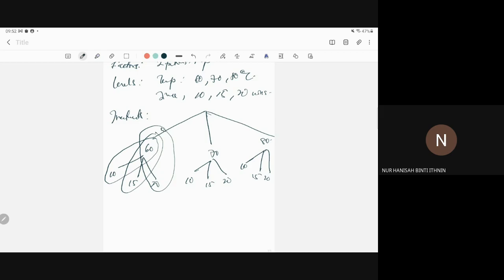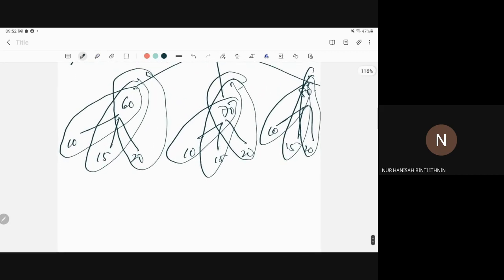And then you also have this one, this one, this one, then this one, and also this one. Meaning that for a more than one factor experiment, the treatment is a combination of levels.